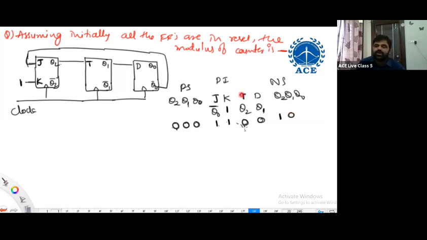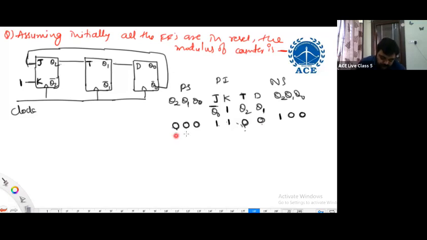When D flip-flop D input is 0, what is next state? 0, because whatever we give on D will be the next state. So 100 is the next state.